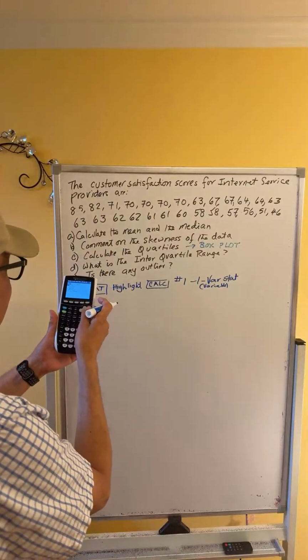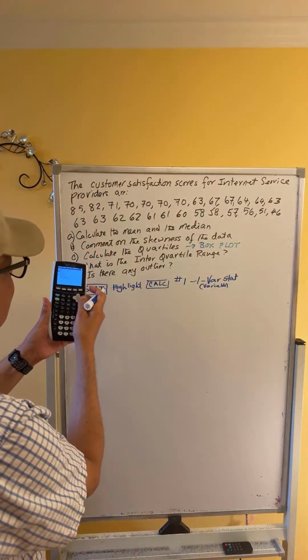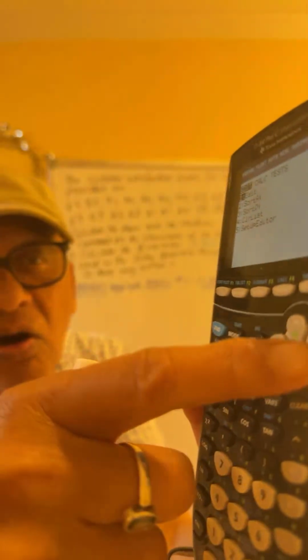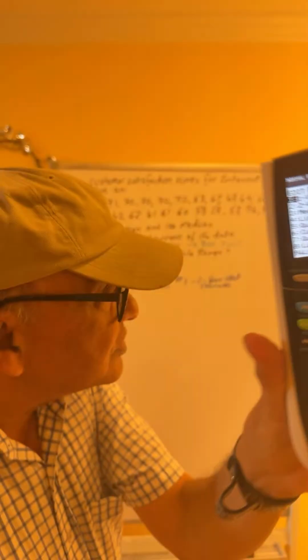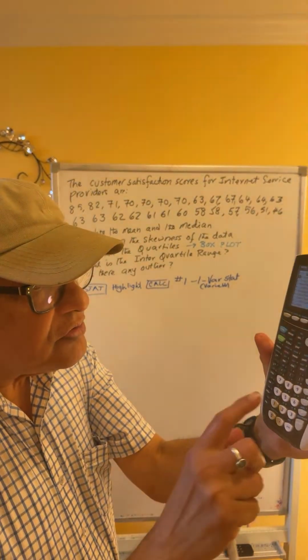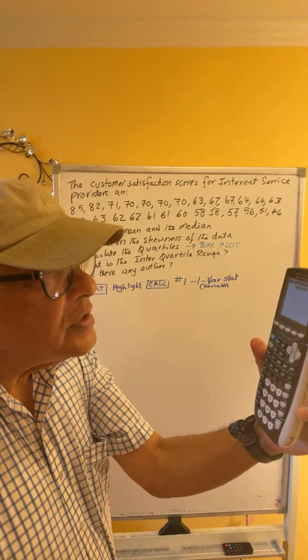Stat, then I highlight, that means I move the cursor in the top row. Right now it's on edit. I'm going to move it to calc by pressing the right cursor key on the top right. Now it has moved to calc, and the first one is one var stats, so I press number 1.